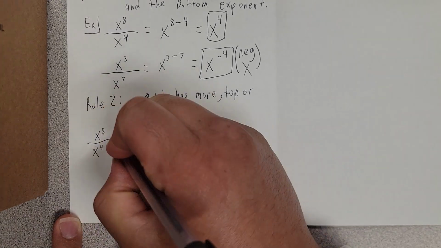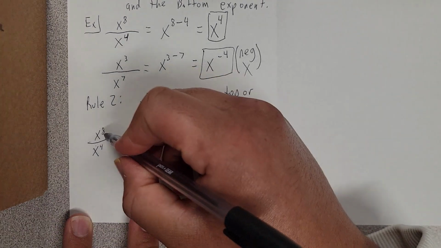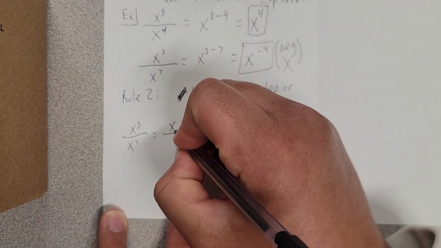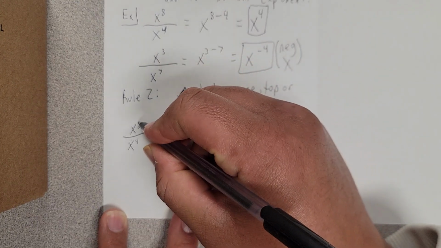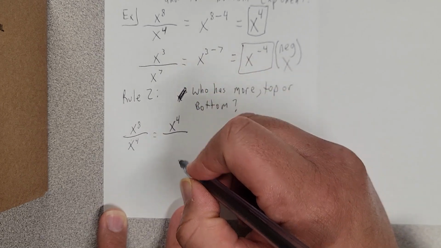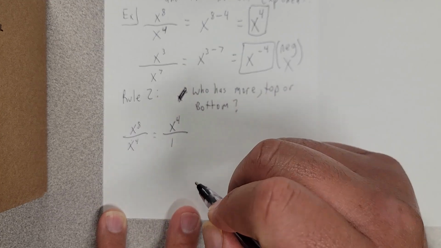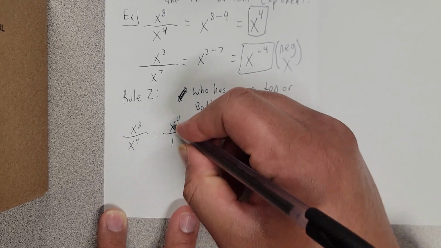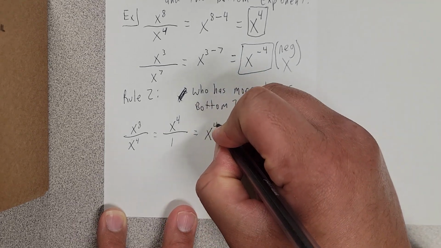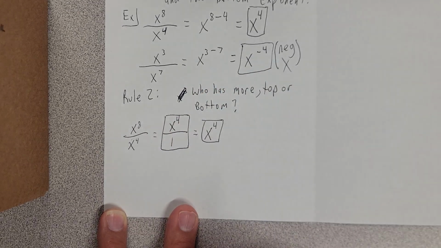So if I look at this, I'm going to make a fraction, and whoever has more, that gets the x, my variable. So x to the 8th, I'm going to put x over here. Now if it's 8, there's 4 more, so this is going to be x to the 4th power. And over here is nothing, so I'm just going to put a 1. Okay? Anytime you have something on the top of a fraction and the bottom is just 1, that's your answer. Like this or like this. Right, these are both okay.